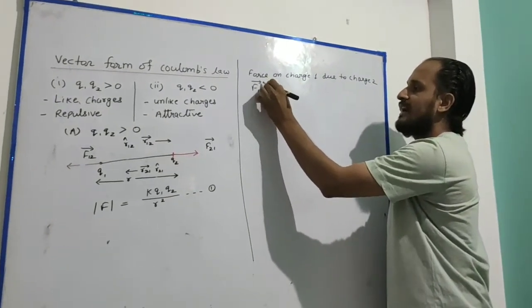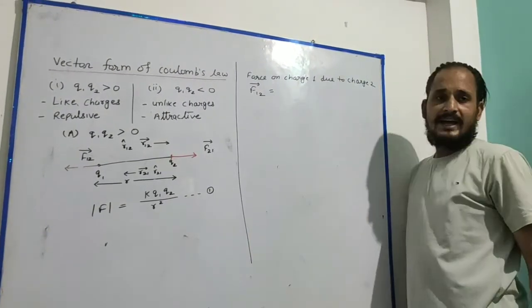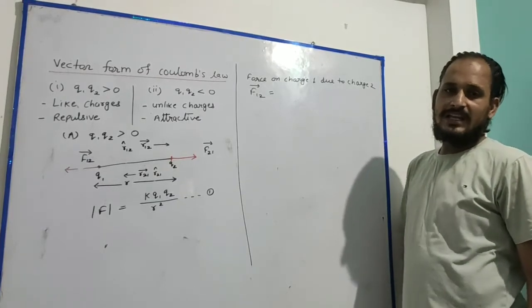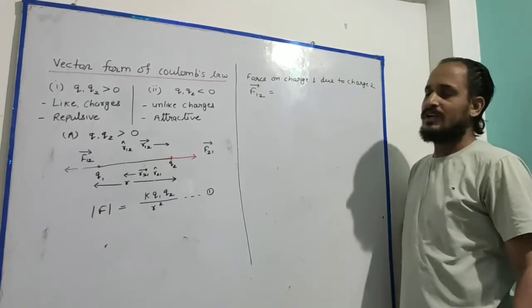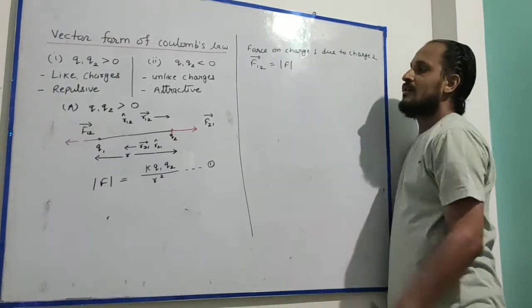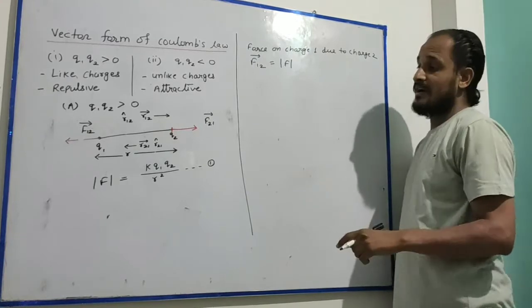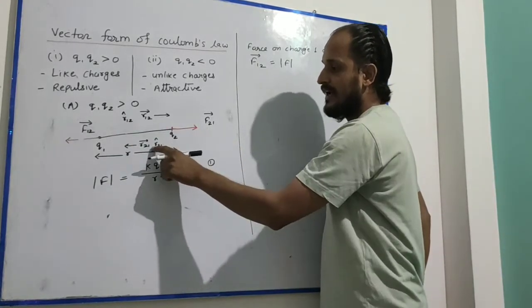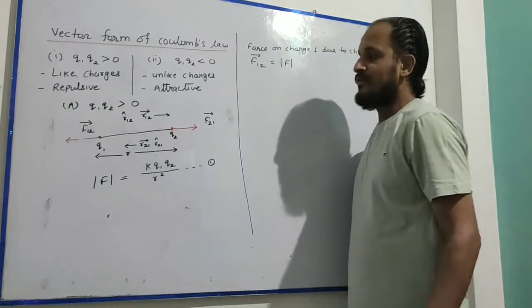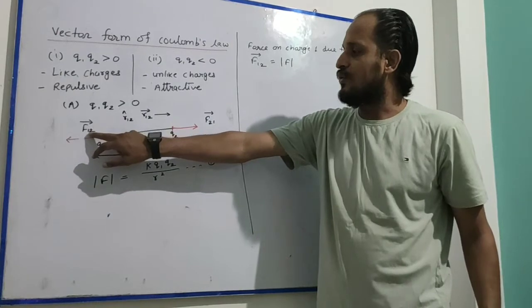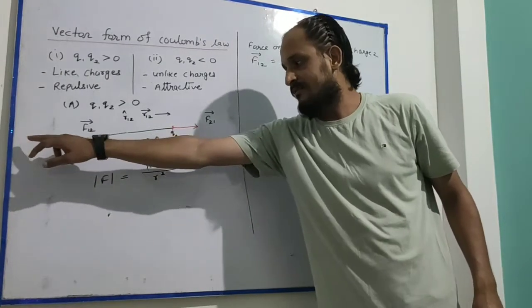F12 vector, we know that to express vector we need magnitude as well as unit vector. So here we will write down magnitude of force, but unit vector, remember there are two unit vectors, R12 cap and R21 cap. Which one we will use? Because the direction of force F12 vector is towards left.